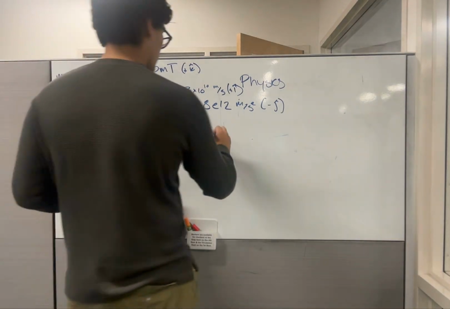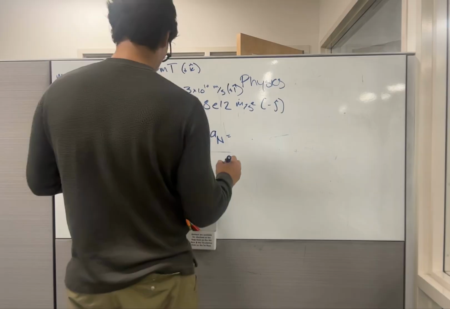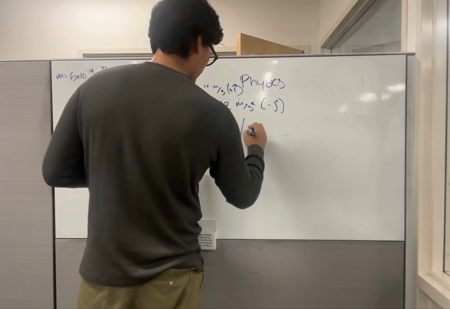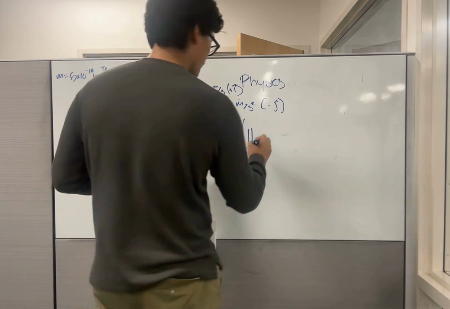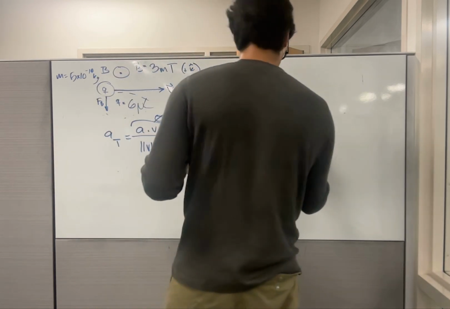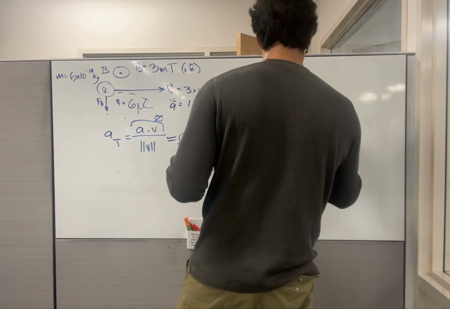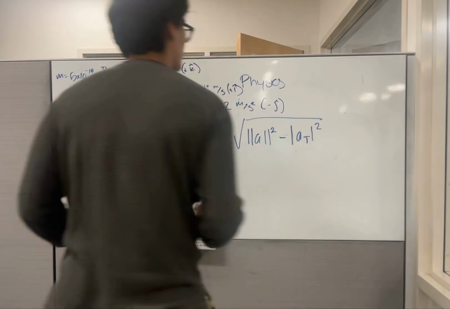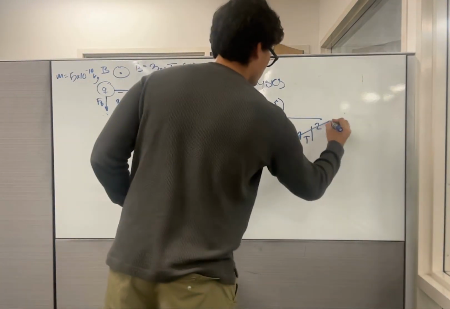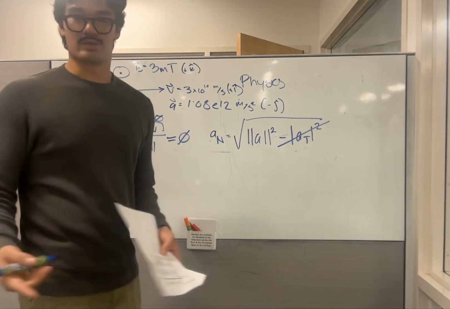Now, normal acceleration is denoted by the square root of the magnitude of the acceleration squared minus the absolute value of the tangential acceleration squared. Well, we already know that tangential acceleration is 0. So this crosses out, and we're left with the square root of the magnitude squared, which is just the magnitude.